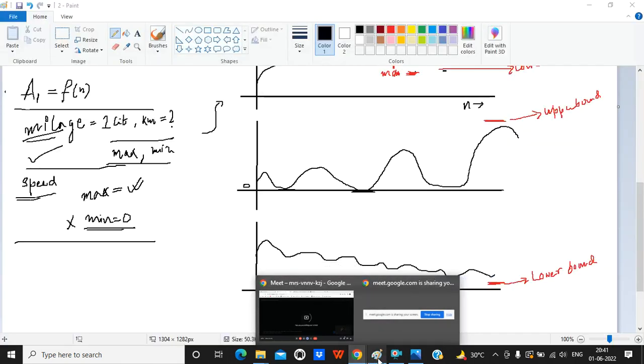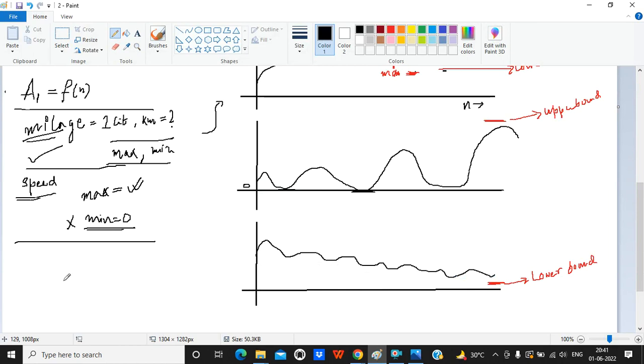Because of problem with the internet here, too much disturbance is there. Okay, no problem. You are able to hear my voice? Yes, I can hear you. I was thinking of temperature, but temperature will not be considered, because it can go in any way.